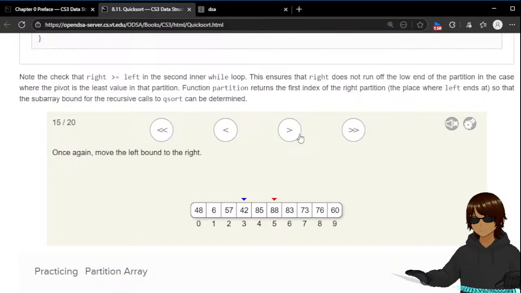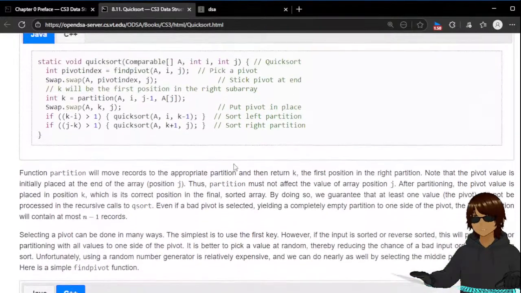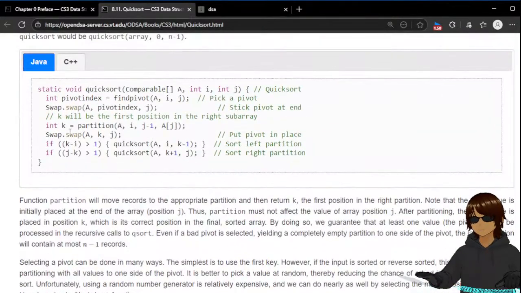Swap these two. Once again, move the left bound. The left bound is at 85, which is bigger than the pivot value. Move the right bound to the left until we reach a value smaller than 60. Note that the right bound has crossed over the left bound, so the partition is done. Since the left bound has reached position 4, that is the value returned by the partition function. So 85 will swap with 60.